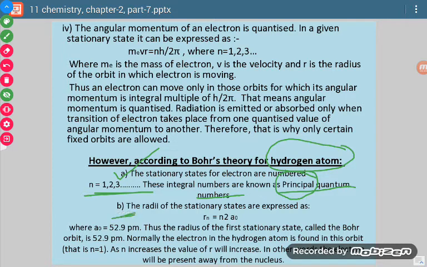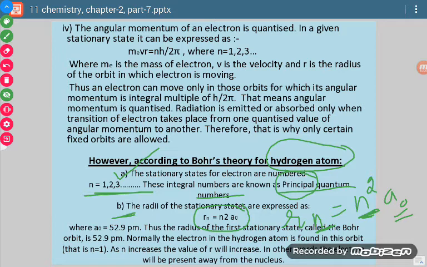Second, as we said that radius plays its role, the radius of a particular orbit is noted by R_n. If it is the first orbit, the n value will be 1 and it will be R_1. If it is the second orbit, the n value will be 2 and it will be R_2. So this is equal to n square multiplied by a naught. a naught has a fixed value, and the n value comes from the orbit we are taking.